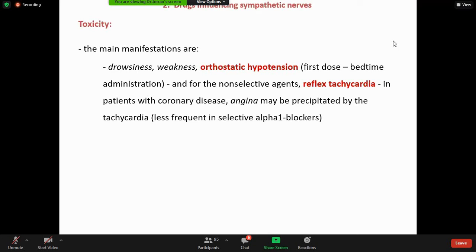Why? To regulate the release of norepinephrine, to avoid the exaggerated activity, to avoid overactivity. Some of the norepinephrine molecules bind with postsynaptic receptors, and some also bind with presynaptic alpha-2 receptors.